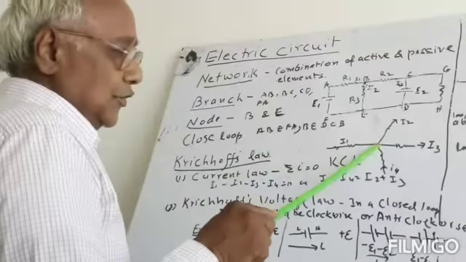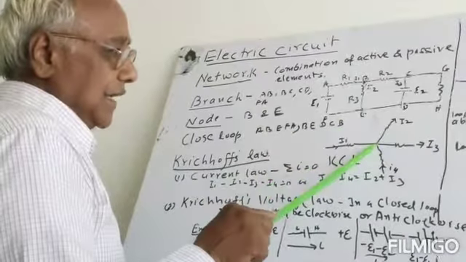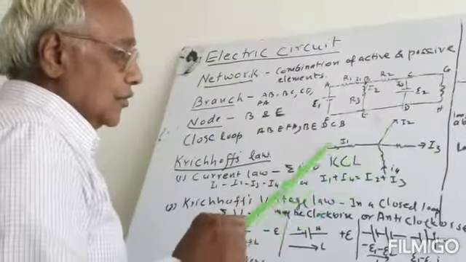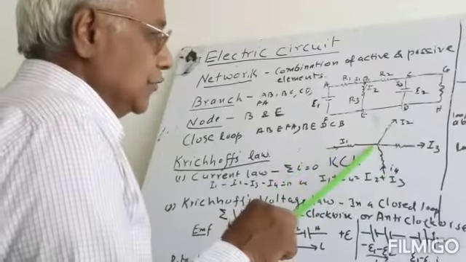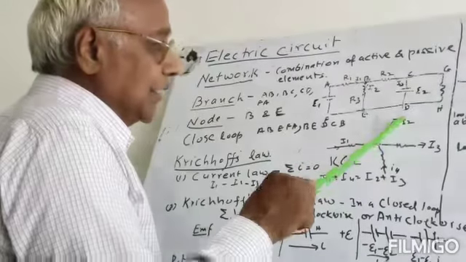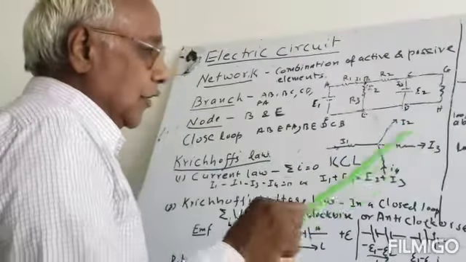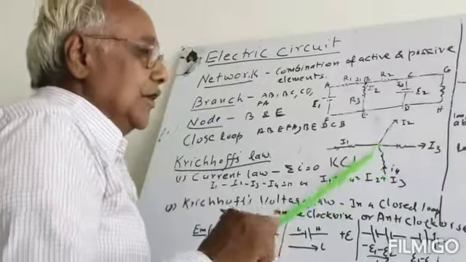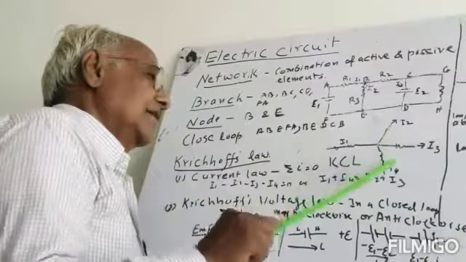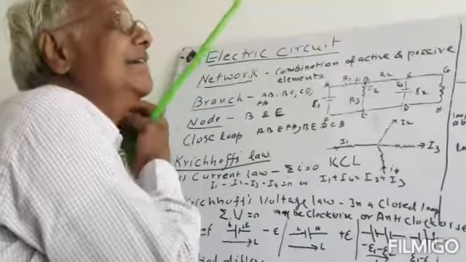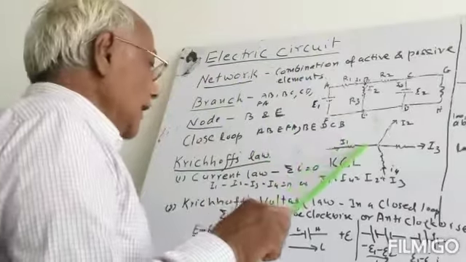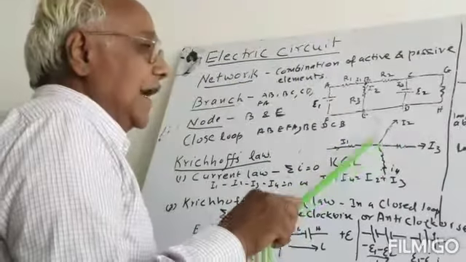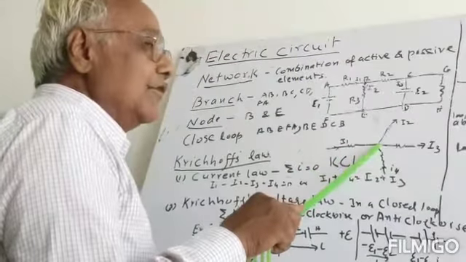Now according to this law, if this is a node, this will be the node here, one current is here, one current is here. So here I1 current is approaching this point, I2 is going outward, I3 is going outward, and I4 is coming in. So the total current at this point, at this junction, will be equal to 0.